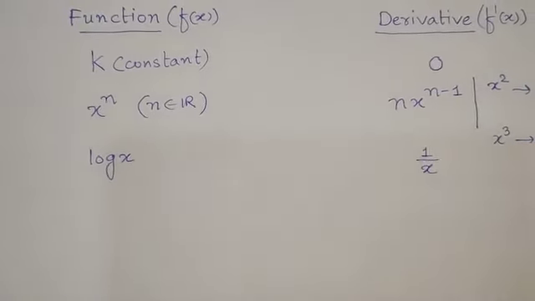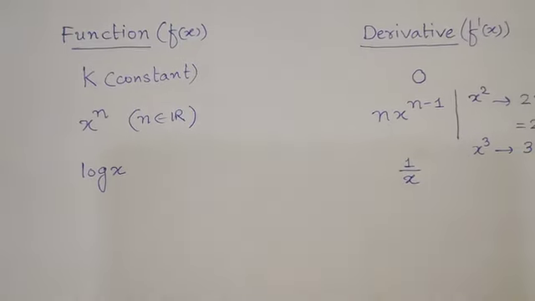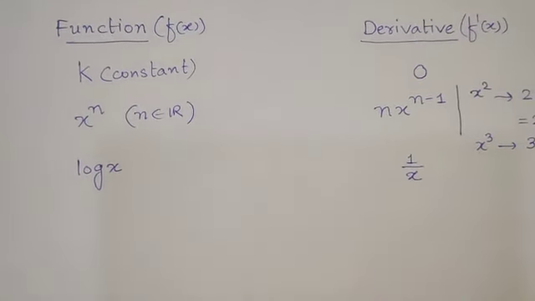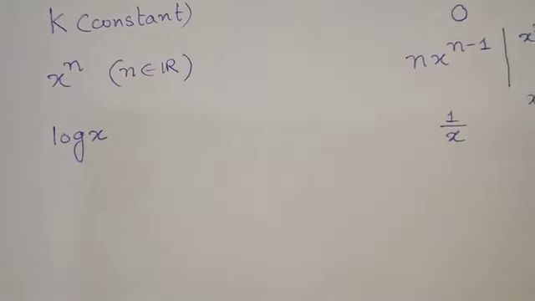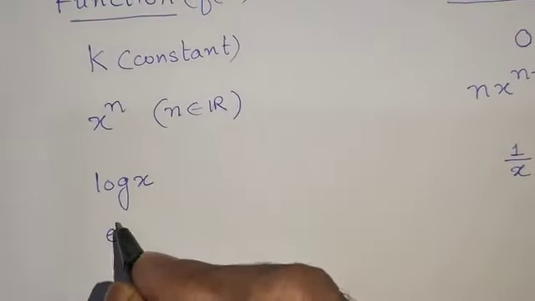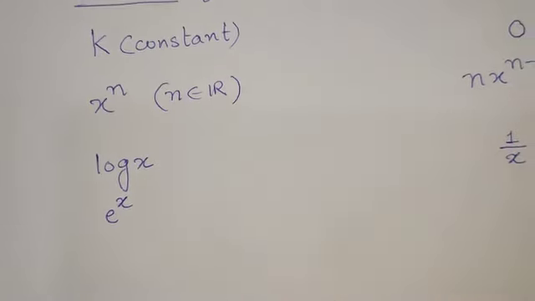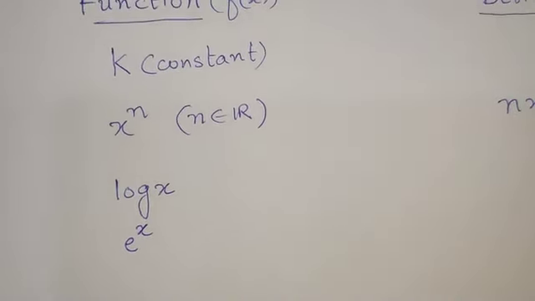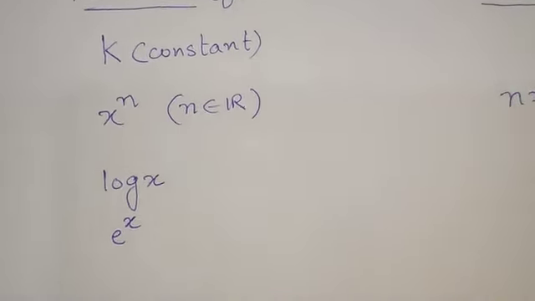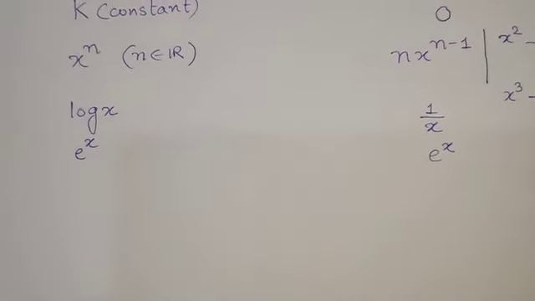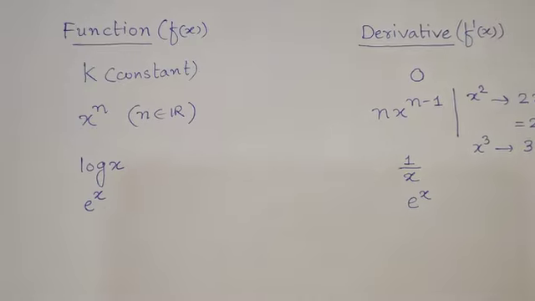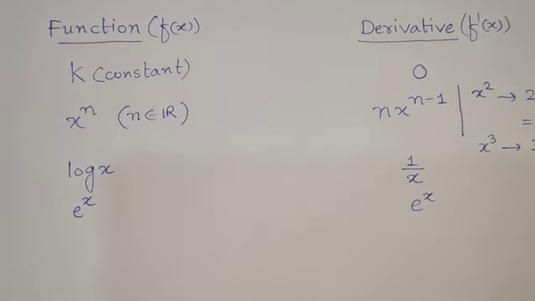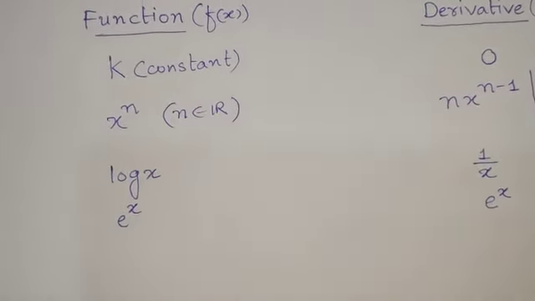Constant has derivative 0, x raised to n has derivative n x raised to n minus 1, log x has derivative 1 upon x. Next function will be e raised to x. This is the only function whose derivative remains the same, that is e raised to x has derivative e raised to x only. So you need not remember anything extra: e raised to x has derivative e raised to x.